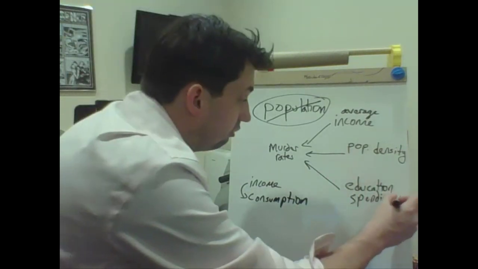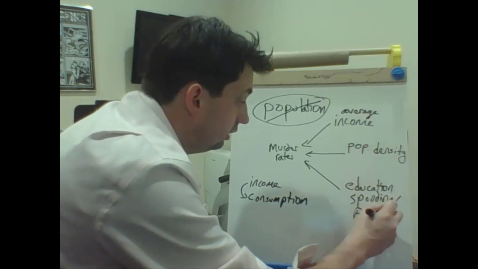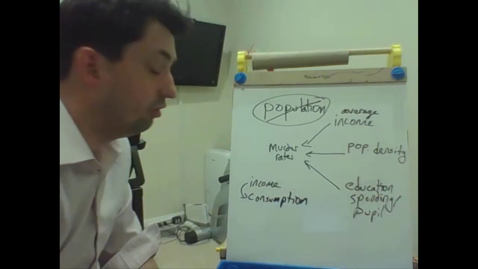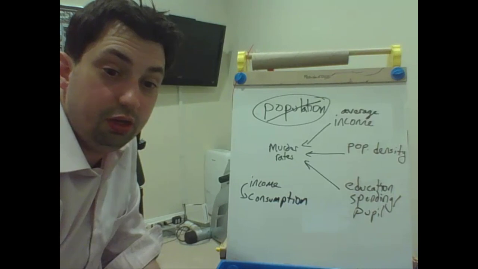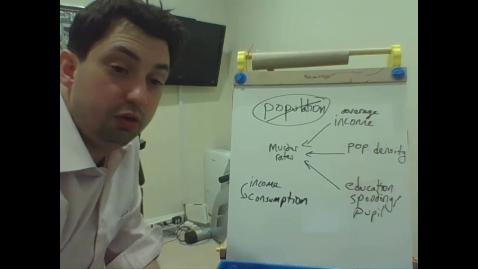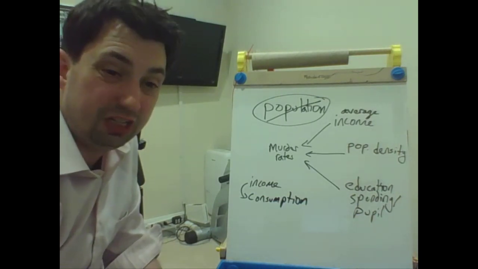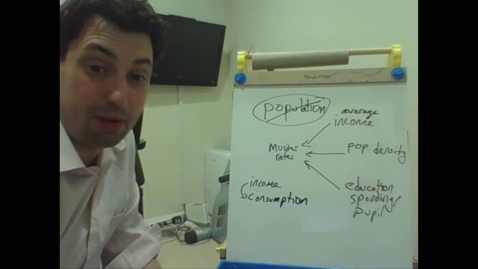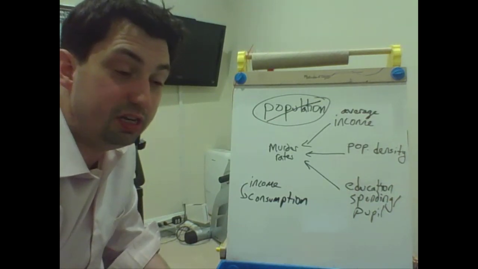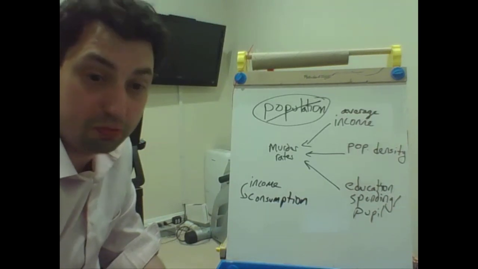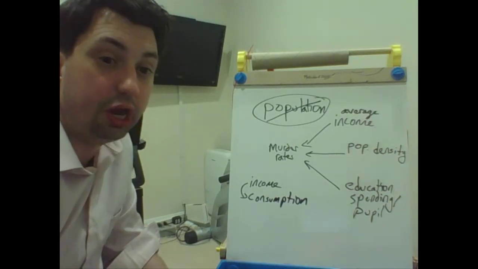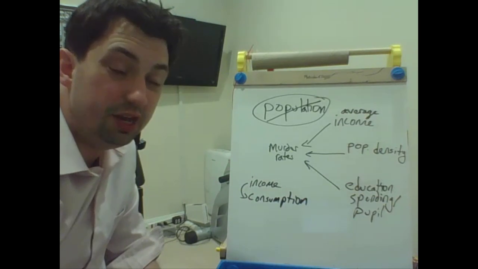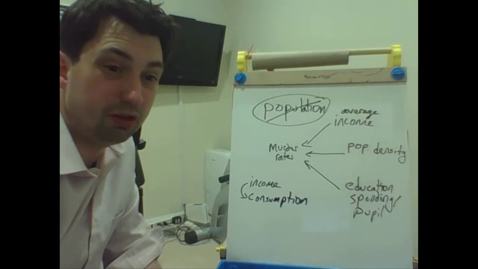You really want education per pupil, education spending adjusted for population. Whenever possible, whenever it makes sense, always adjust for population. You can tell it needs to be adjusted for population because if one additional person would automatically and naturally increase this variable, then it's a variable that should be adjusted for population.